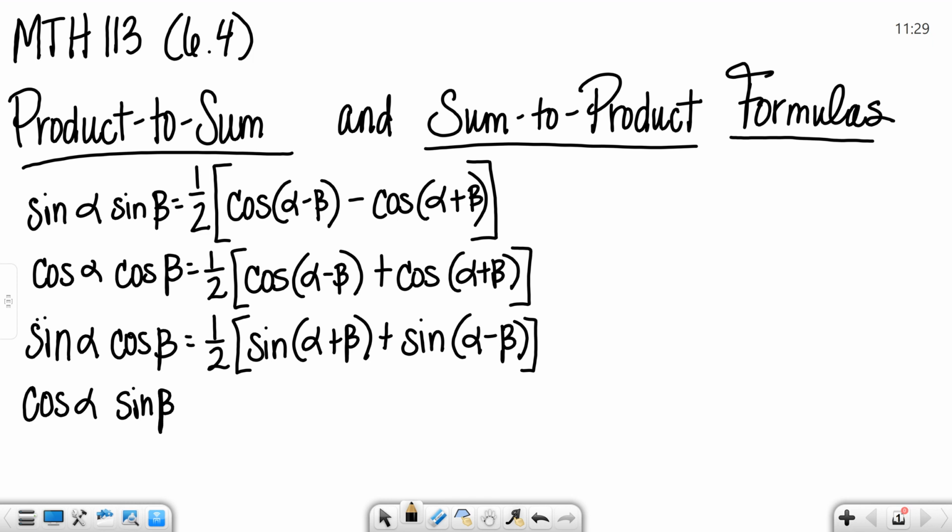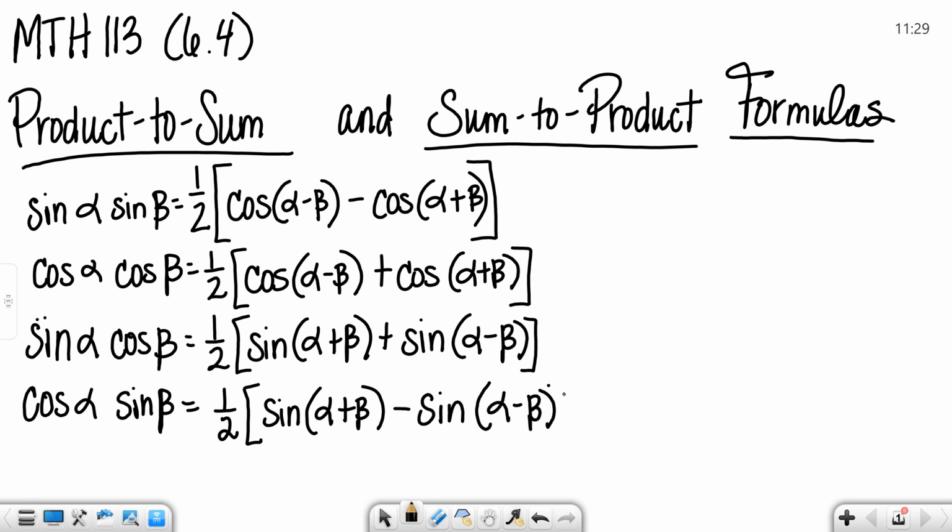This is all the different things that I could multiply, and all of those are the product to sum formulas.